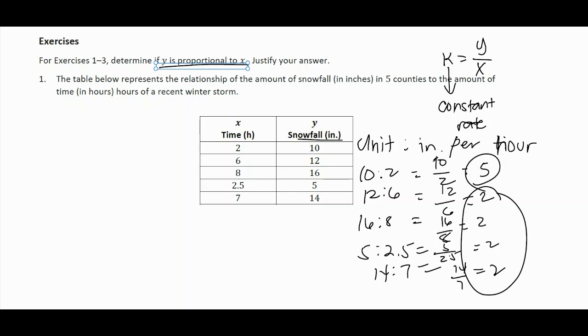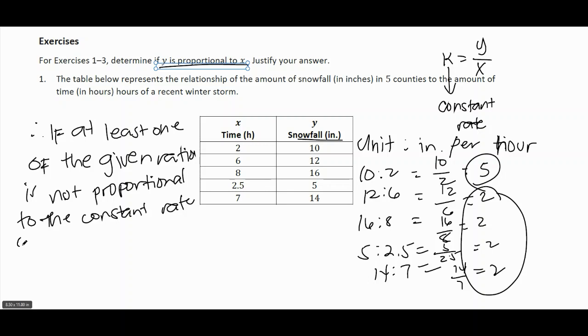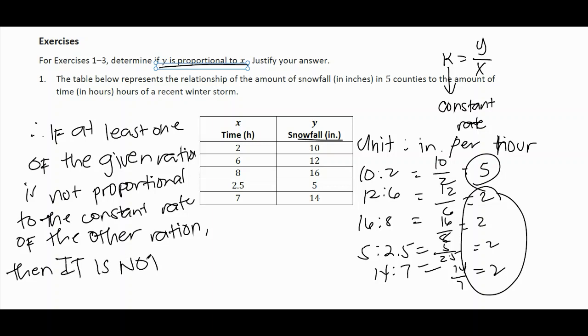So remember this: if at least one of the given ratios is not proportional to the constant rate of the other ratios, then it is not proportional.